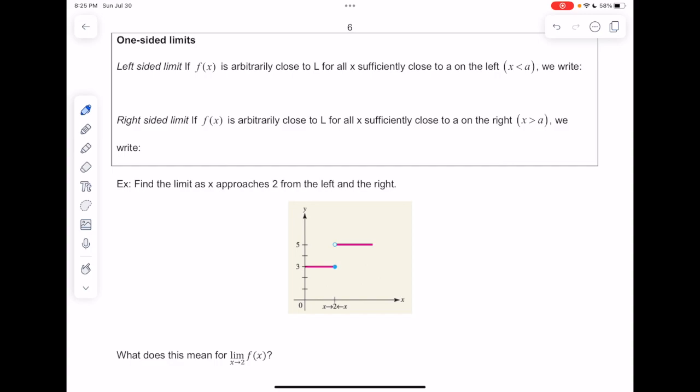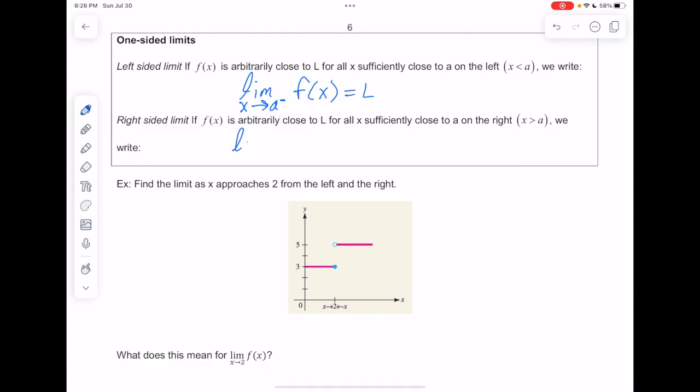So the left-sided limit is if f of x is arbitrarily close to L for all x sufficiently close to A and on the left of A, or x is less than A. And if we have that, we write the limit as x approaches A from the left, and we put a little negative in the exponent spot on A to read that we're approaching A from the left, of f of x equals L. And if the same thing is true where x is greater than A, then that is referred to as a right-sided limit.